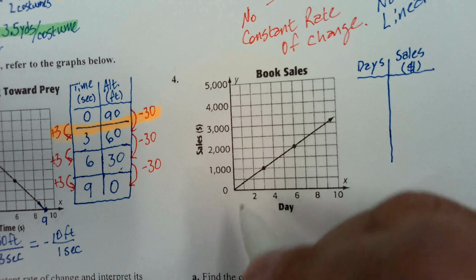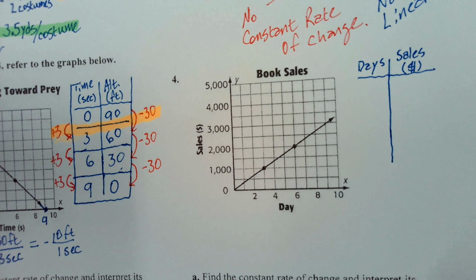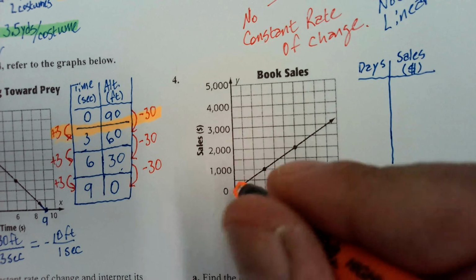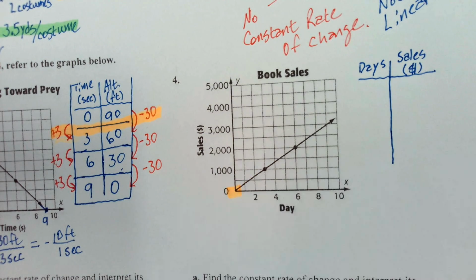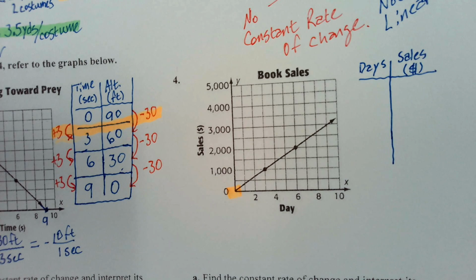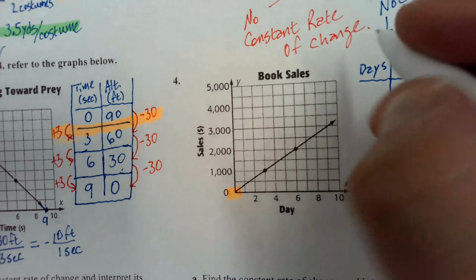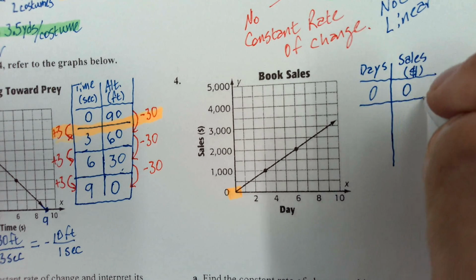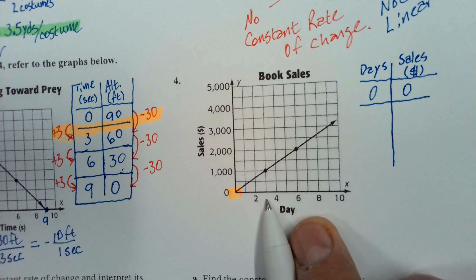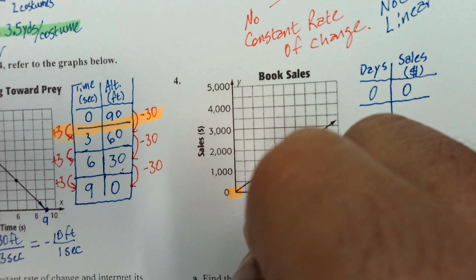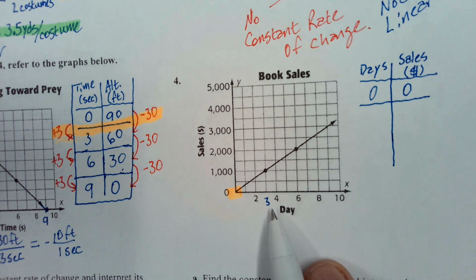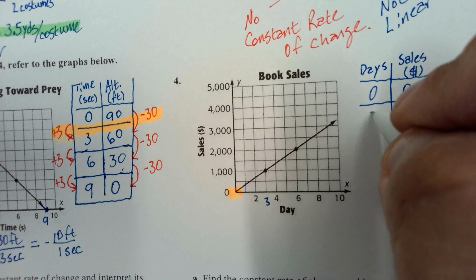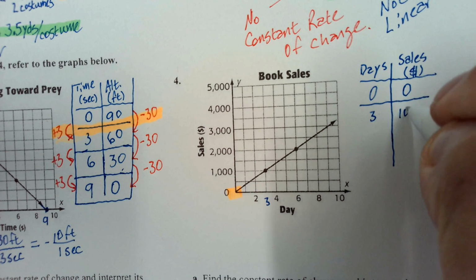And let's start right at the origin. So at day 0, what was our sales? 0. We'll go on to the first point, which happened at 3. At day 3, how much was our sale? $1,000.